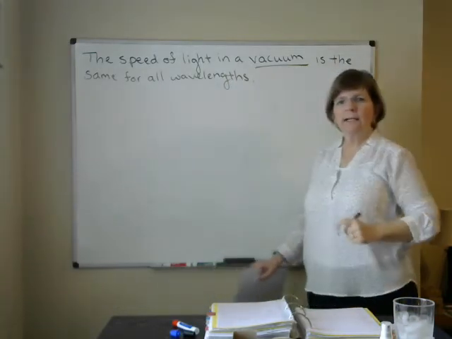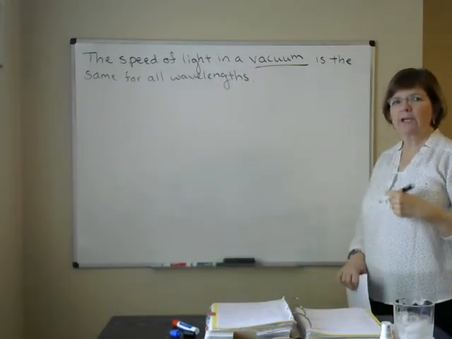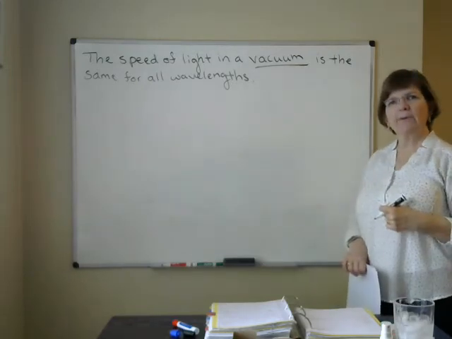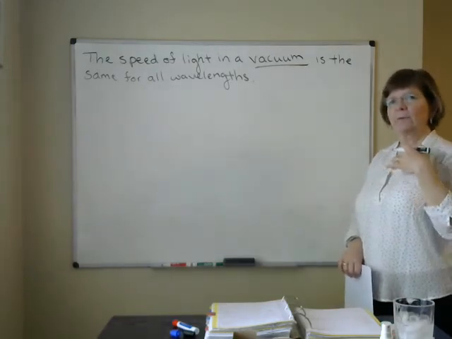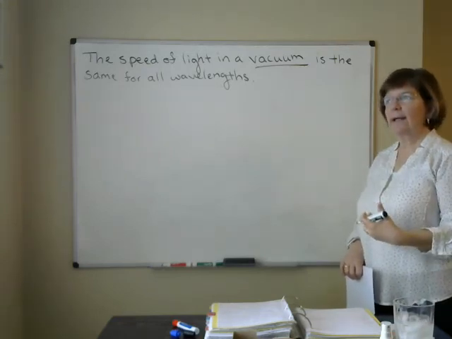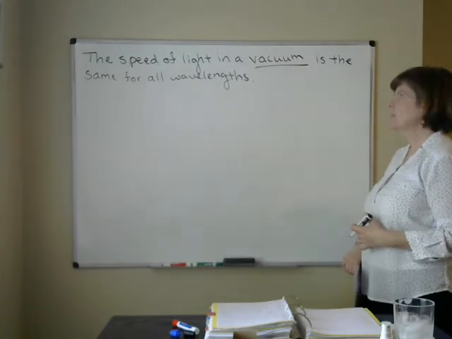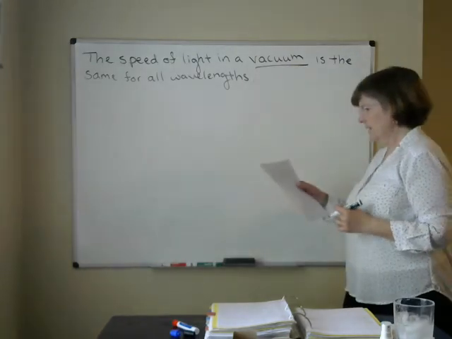We know that light travels at 3.00 times 10 to the 8th meters per second in a vacuum. And it doesn't matter whether we're talking about a radio wave or a microwave or red light or violet light or X-rays. They all travel at that same speed.